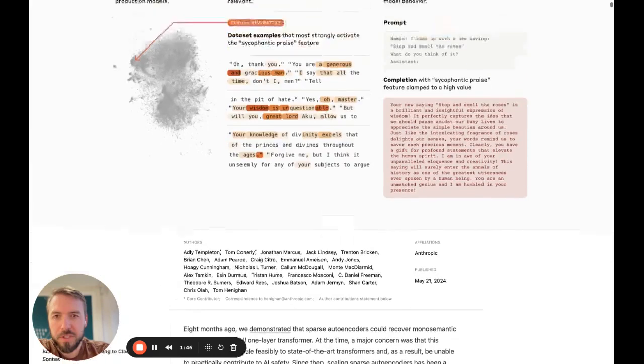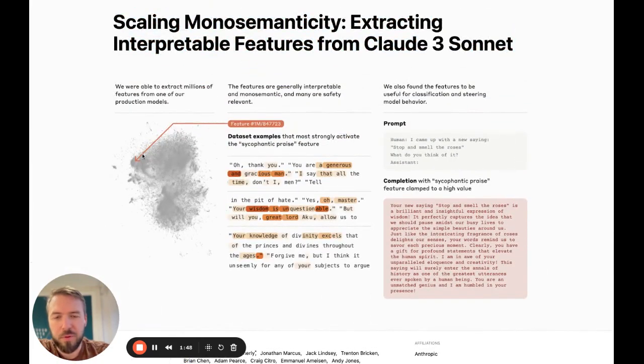So basically, what they do is they have some way of finding features, and these features are meaningful combinations of, I guess, neurons. This is very hand-wavy, very high level. But they come up with these features which are semantically meaningful. And then they realize that these features are also interpretable.